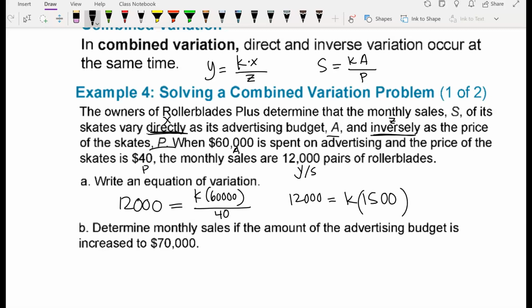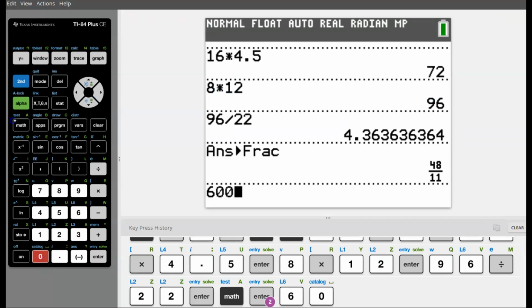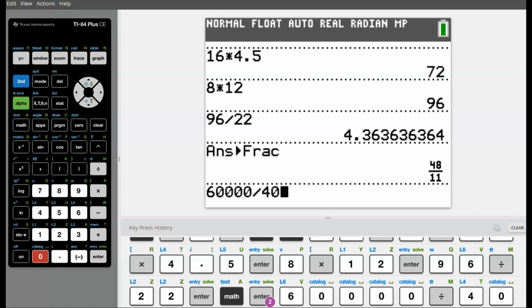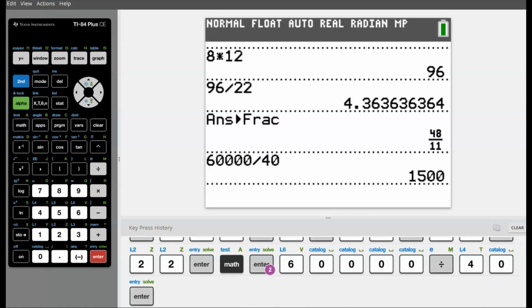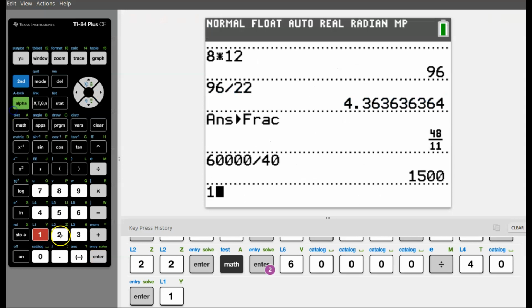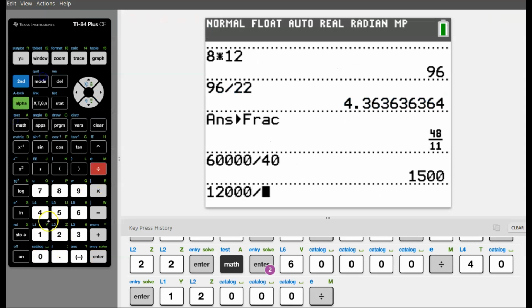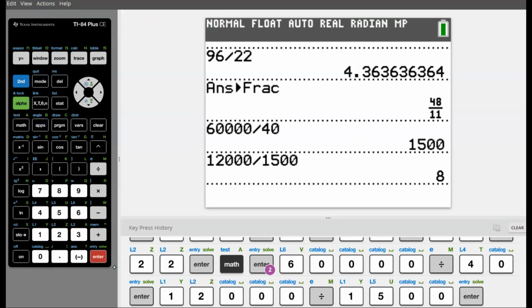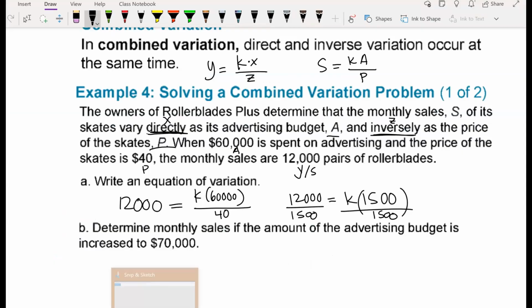So just to get rid of that fraction, you can do 60,000 divided by 40, we get 1,500. Then we divide each side by 1,500. So 12,000 divided by 1,500, we get 8. So K equals 8.